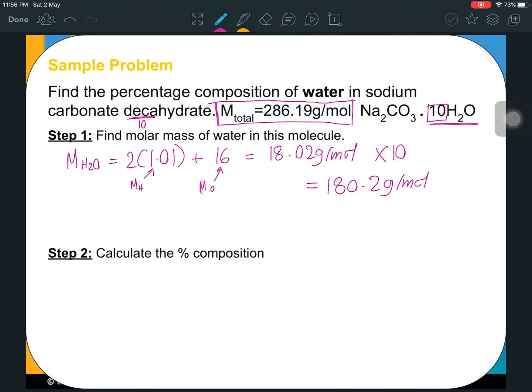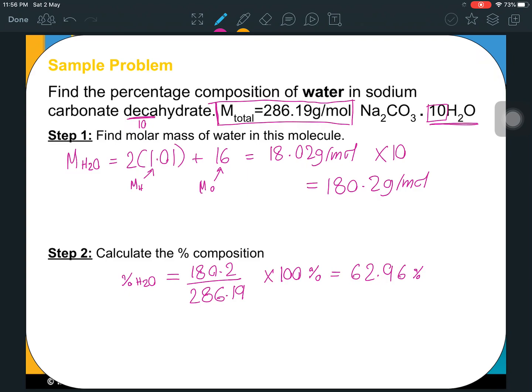Now let's go ahead and calculate what percentage of the overall compound is made up of water. So percentage of H2O in the compound is equal to 180.2 divided by 286.19 times 100%, which is equal to about 62.96%.